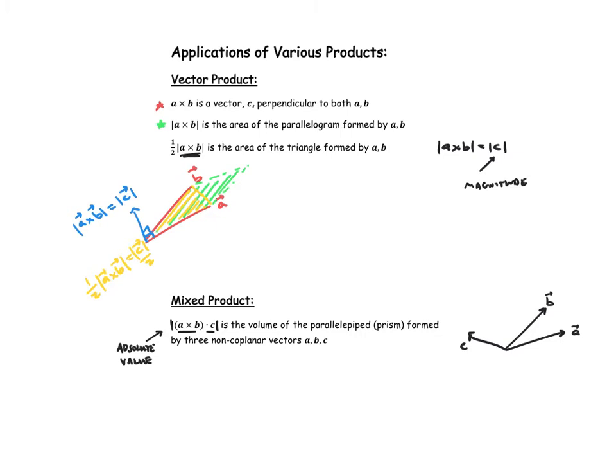So let's visualize this prism. I would find the parallelogram projected by A and B, and you can kind of see this take shape in the following way.